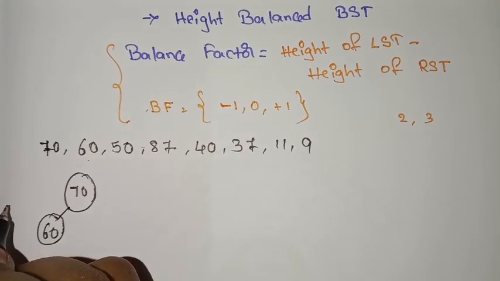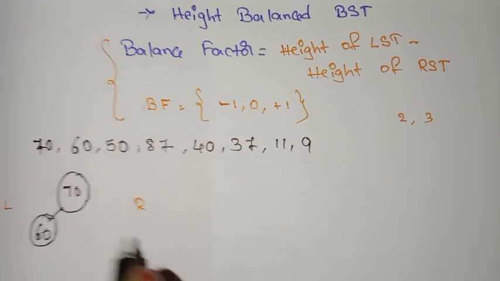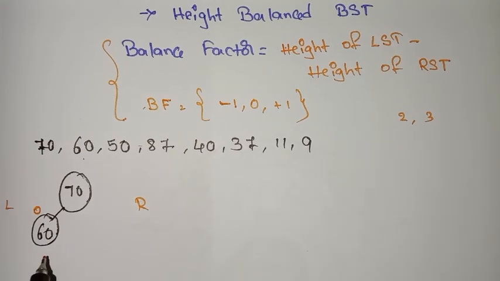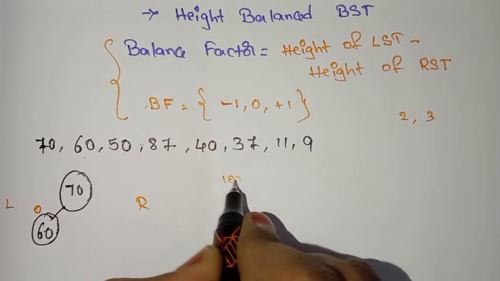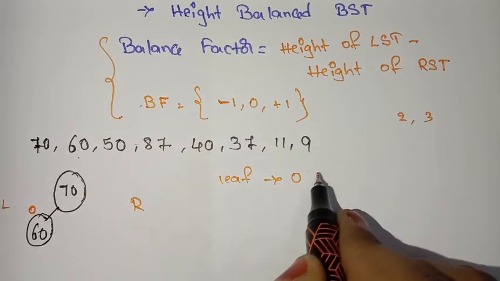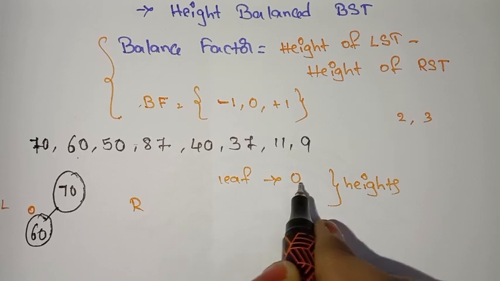This is the left side, this is the right side. For all the leaf nodes, the height will be 0. So here I will write the heights.